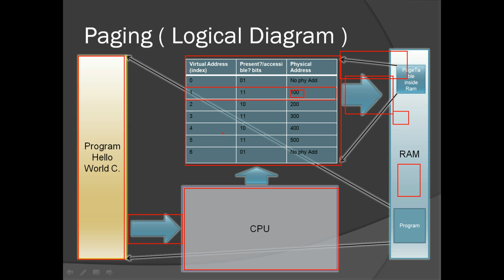We have the program, page table, and the actual page which is being accessed. Everything is inside the physical memory. The address given is a virtual address, translated by the CPU using the page table to a physical address and accessed through the bus of the CPU. So the CPU is directly connected to RAM through the bus. So this is a bus.